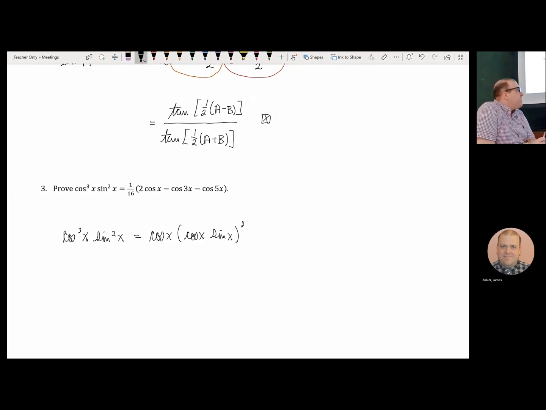Cosine squared times sine squared can be written as cosine times sine all squared. Cosine times sine is half of sine of 2x.